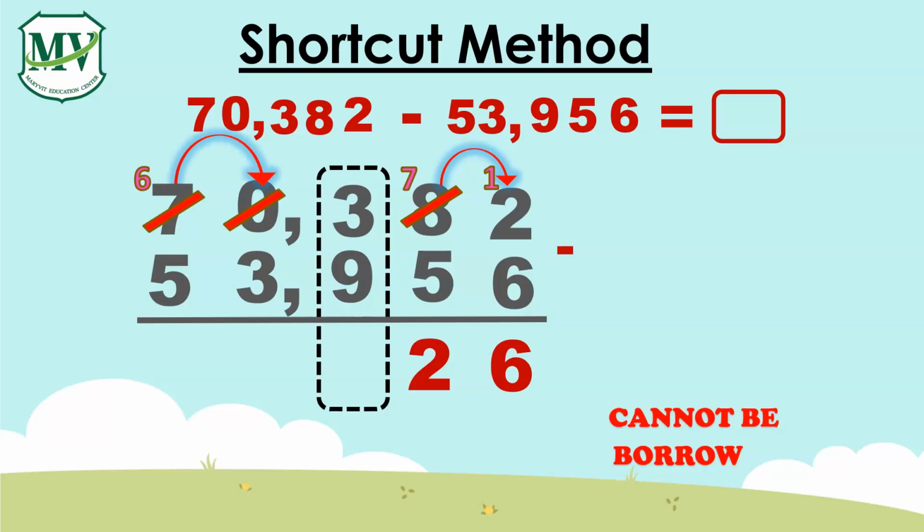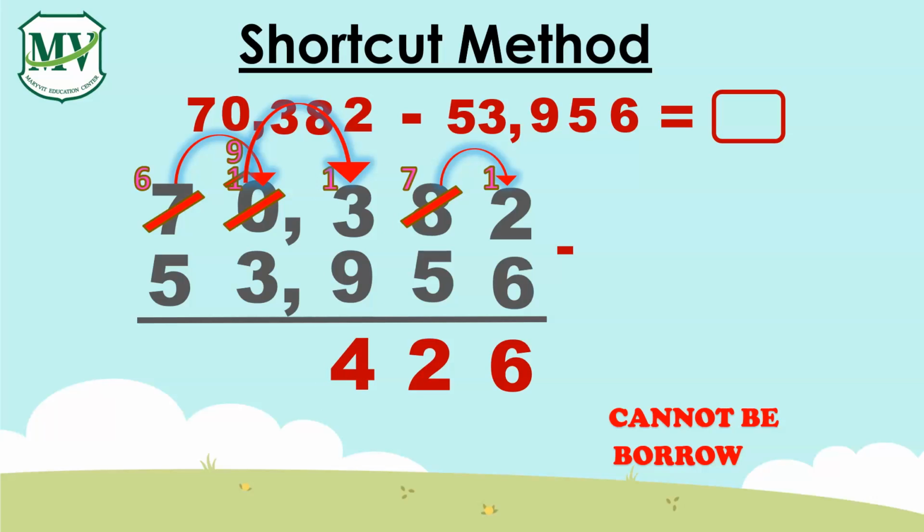We regroup 1 ten-thousand into 10 thousands. As we borrow for our hundreds, 10 thousands becomes 9 thousands. We regroup 1,000 into 10 hundreds. 13 minus 9 is 4.